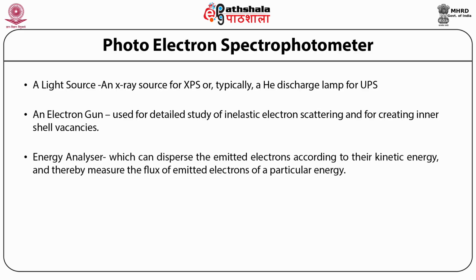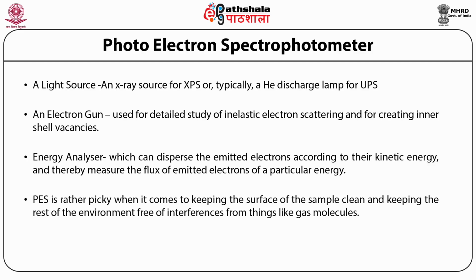The energy analyzer can disperse the emitted electrons according to their kinetic energy and thereby measure the flux of emitted electrons of a particular energy. Next is the high vacuum environment. It is used to enable the emitted photoelectrons to be analyzed without interference from gas phase collisions.